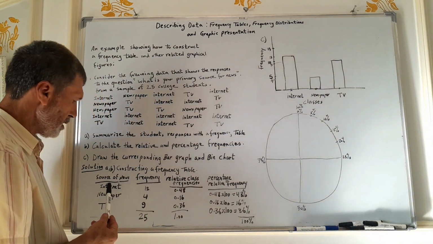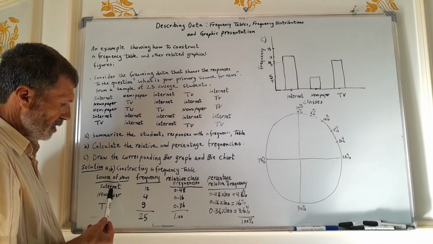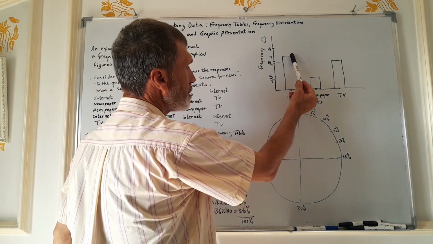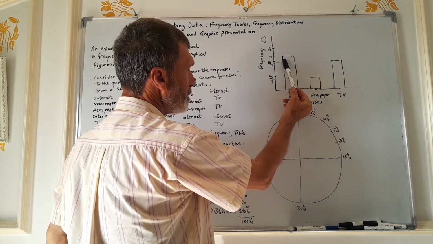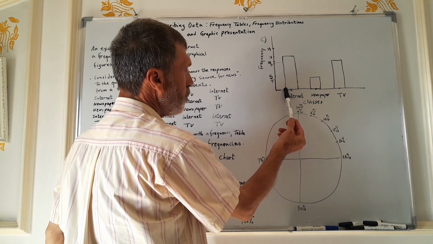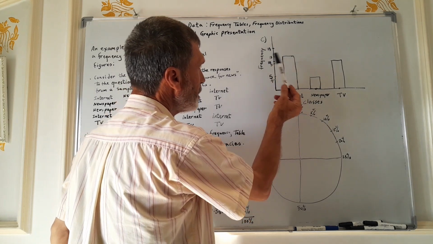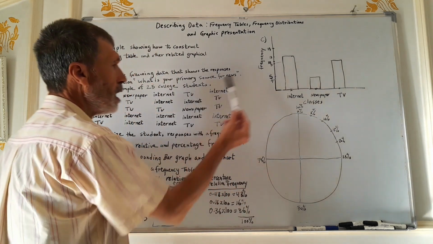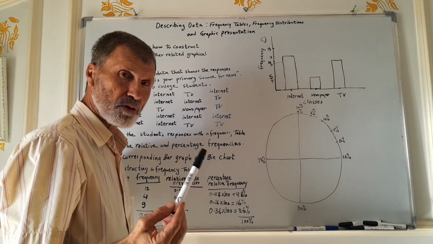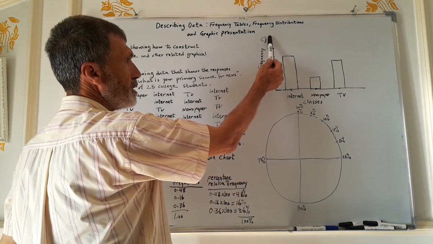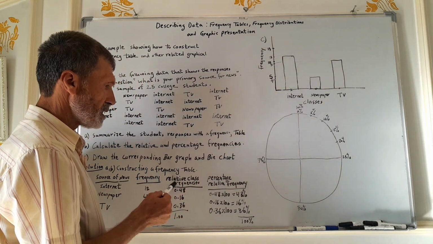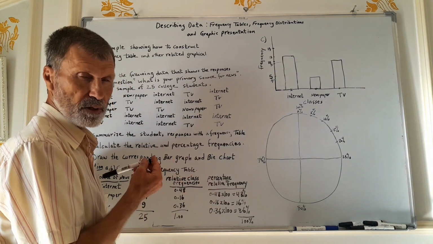Now, if you look over here, internet is the class and the frequency is 12. So we draw a bar, a rectangle shape, with the height equal to 12. You could, if you want, draw the vertical axis with the relative frequencies or with the percentage of the frequencies.